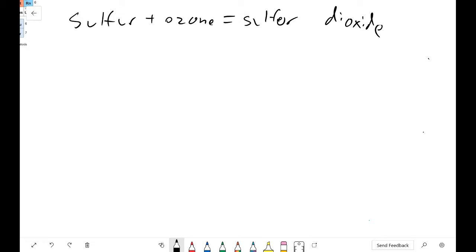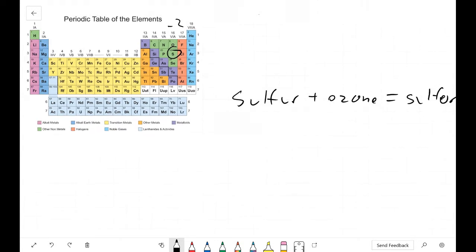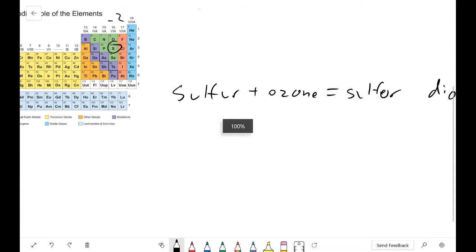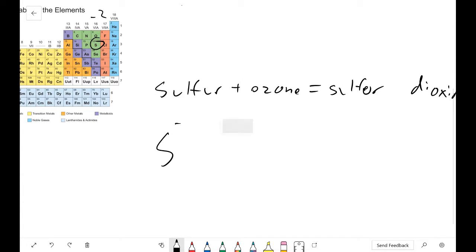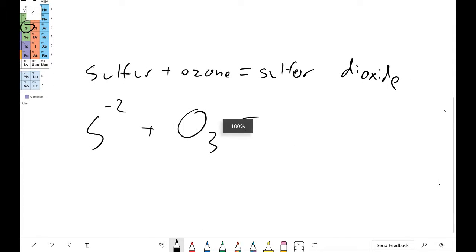So sulfur, as we see here, if we were to check, sulfur is right there, so it is -2. Now you're going to have S -2 plus ozone, which is O3, and that is going to equal sulfur dioxide.